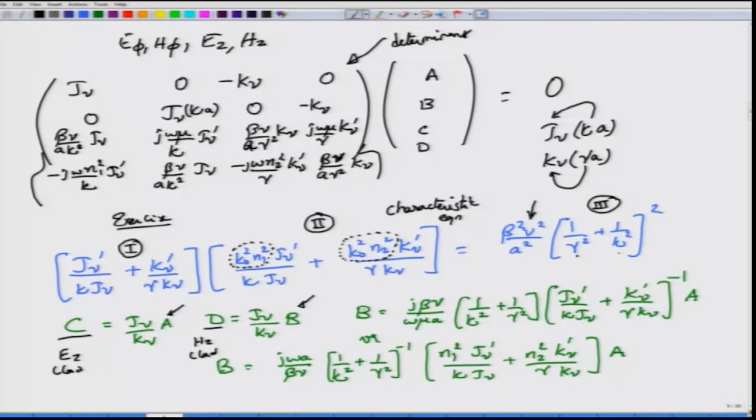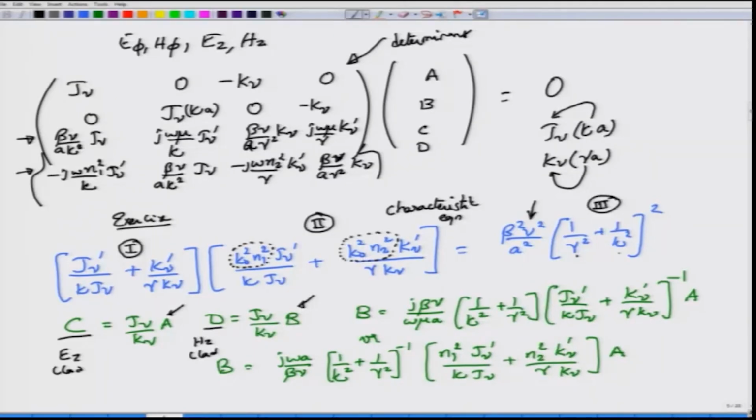But there is a relationship between B and A which comes from the third line or the fourth row of this matrix. So, you can look at the third row, which will give you some term times A, this term times B, some term times C, some term times D. The sum of all of that will be equal to 0.